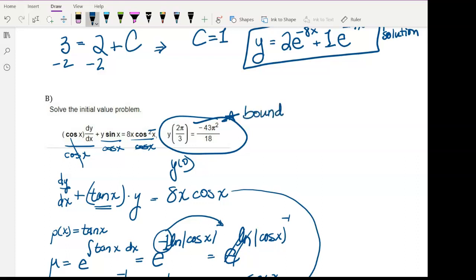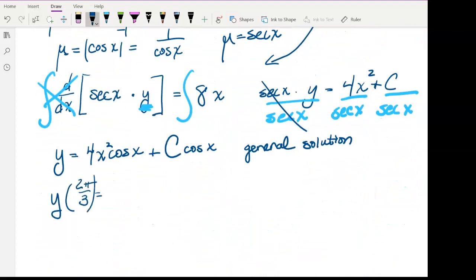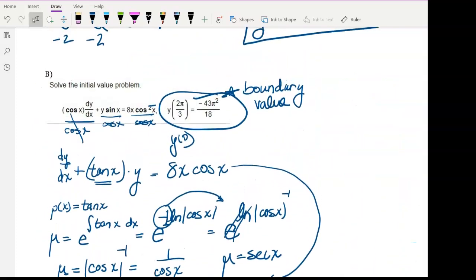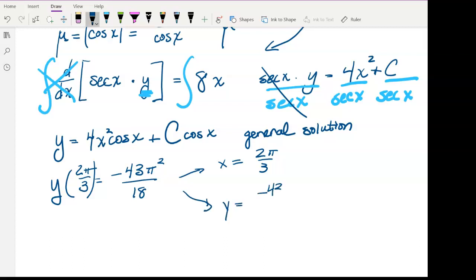And that's not really important for you to remember, just a little technicality. So the y value at 2 pi over 3 is equal to negative 43 pi squared over 18. And what this means is when x is 2 pi over 3, y is equal to negative 43 pi squared over 18.